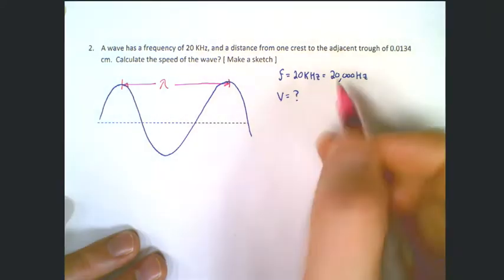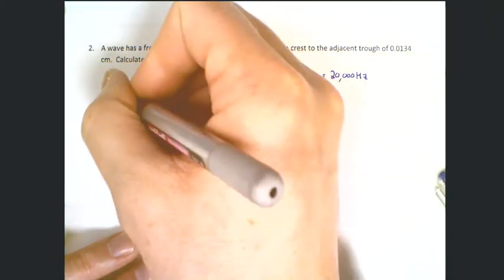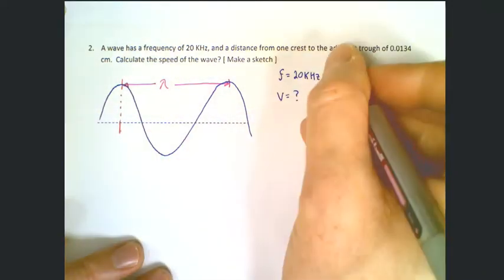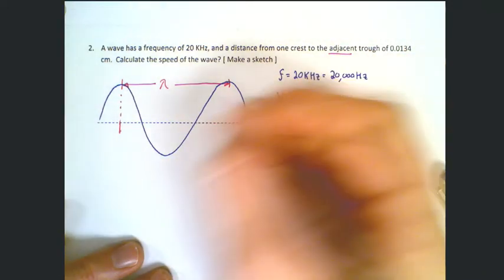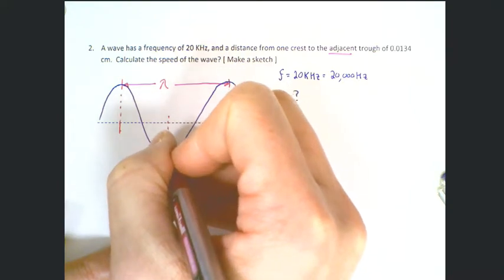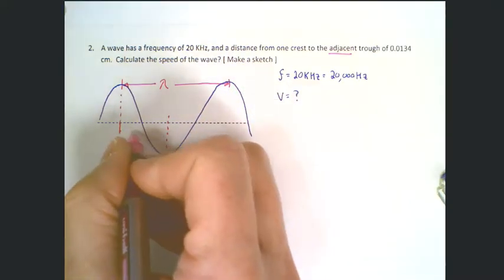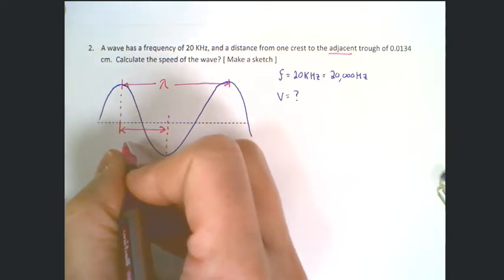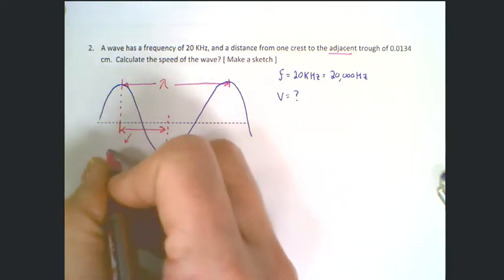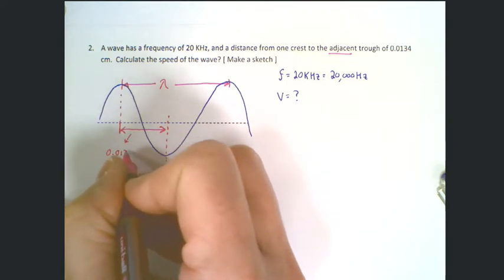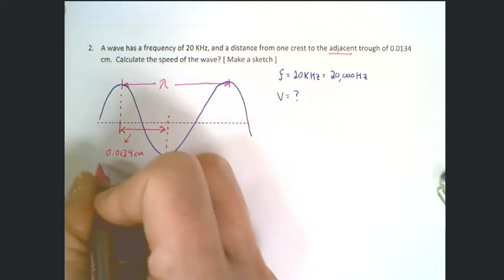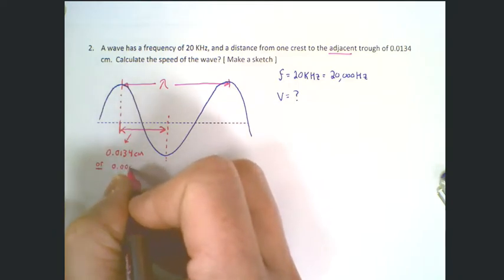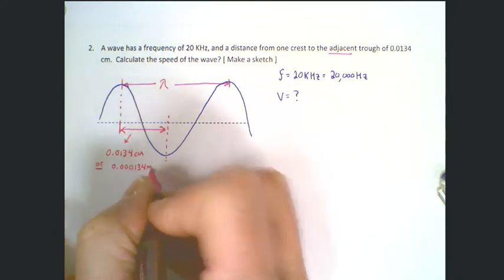But it tells us that the distance from one crest, so let's just say from this point, to the adjacent, the word adjacent just means beside, trough, this distance here is measured to be 0.0134 centimeters, or that many meters.